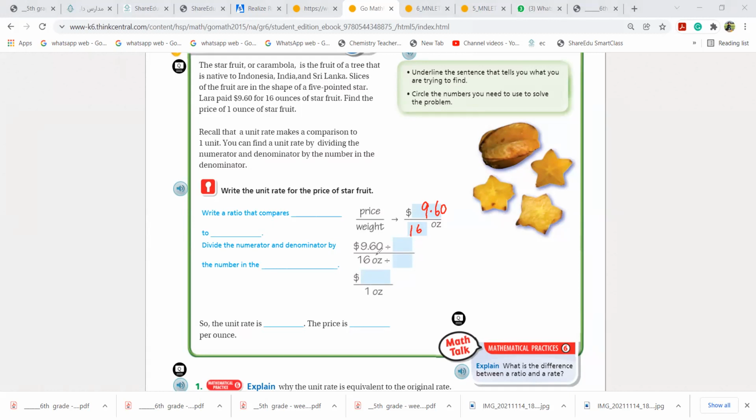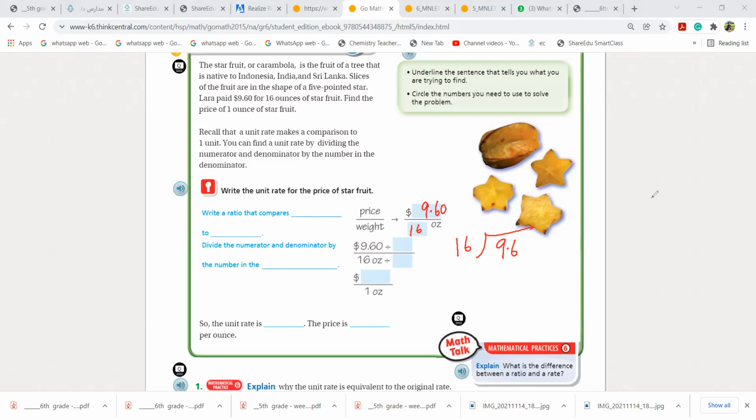How do you divide them? Tell me, how do you divide them? You can divide 96 by 16. You can directly do this. Don't put the point yet. Just go with this, simple.